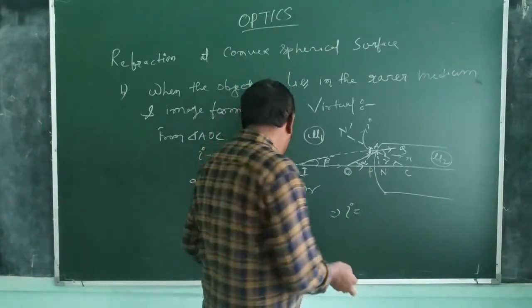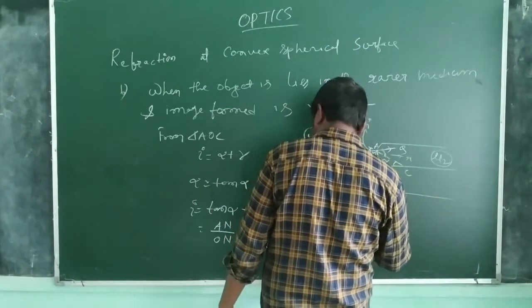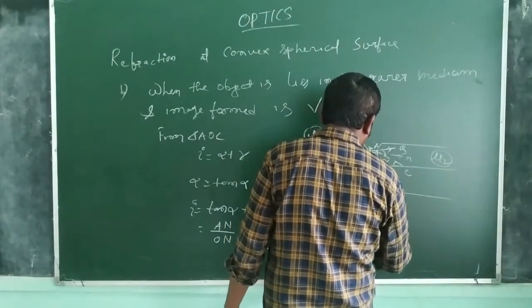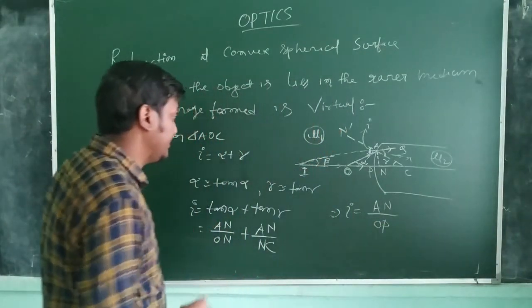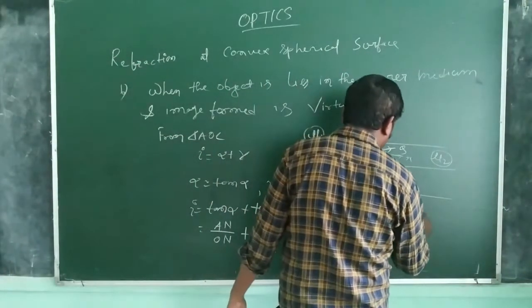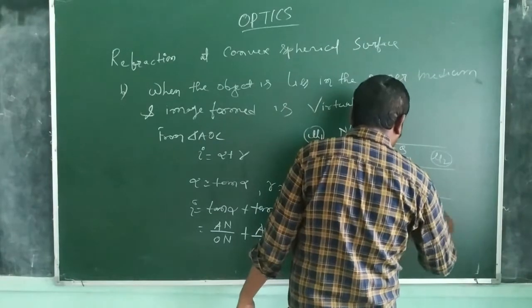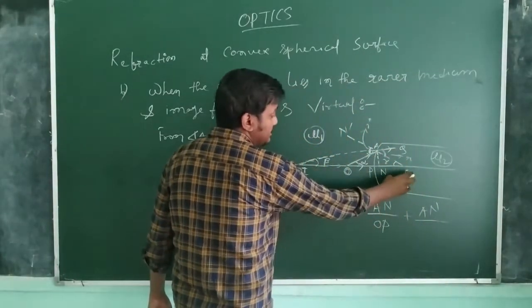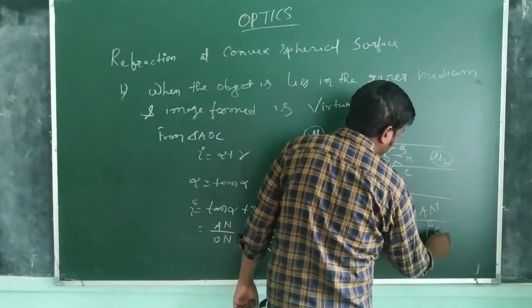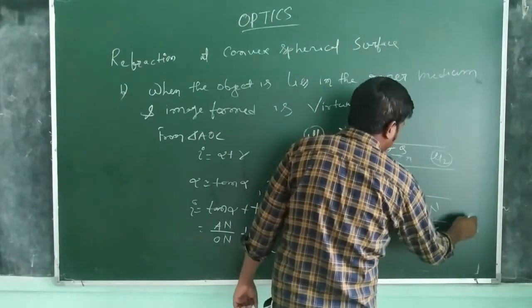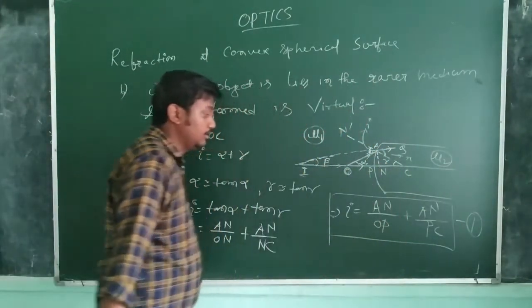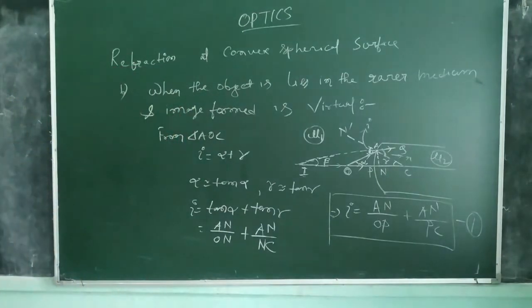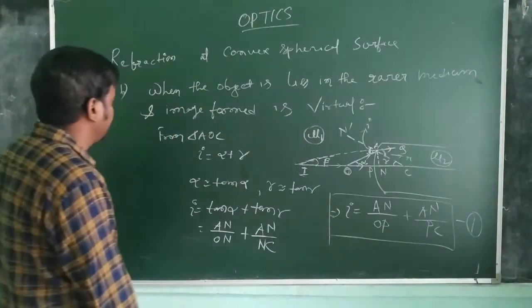So we can write OP in place of ON, and PC in place of NC. Give it equation number 1.